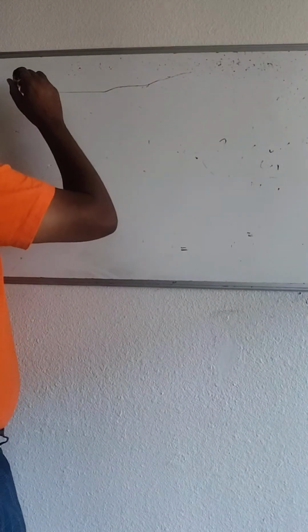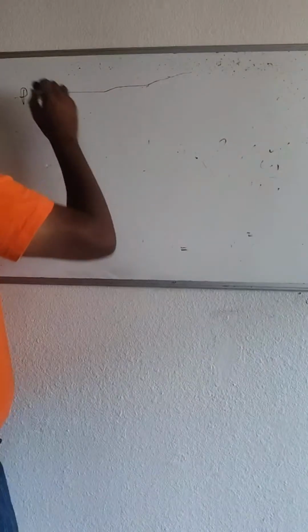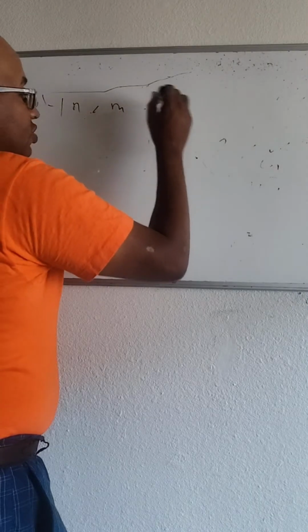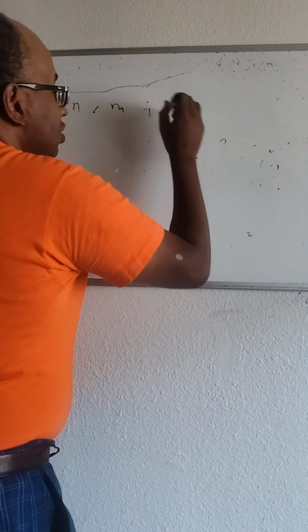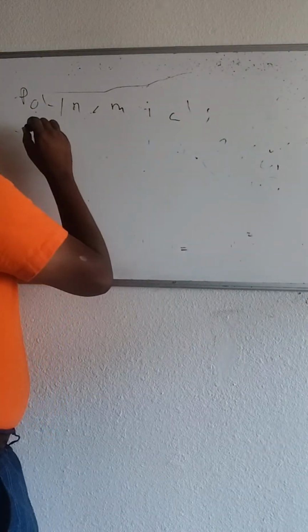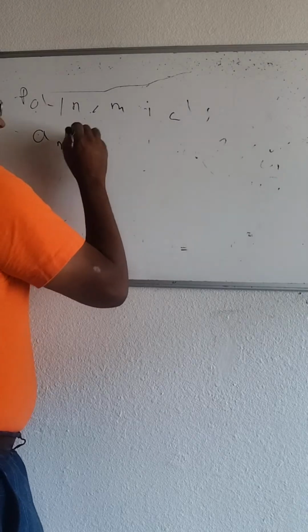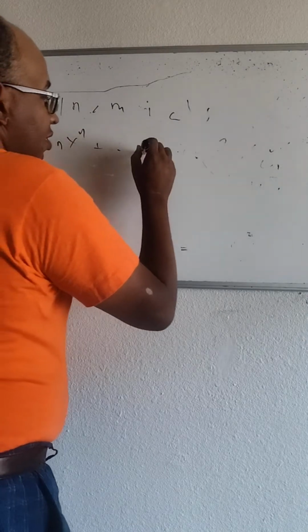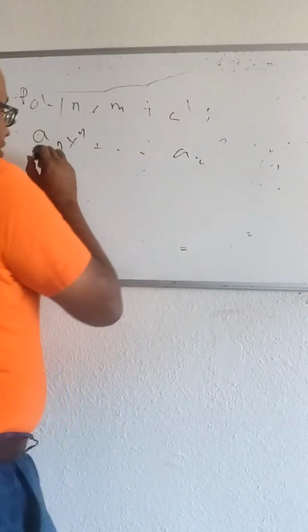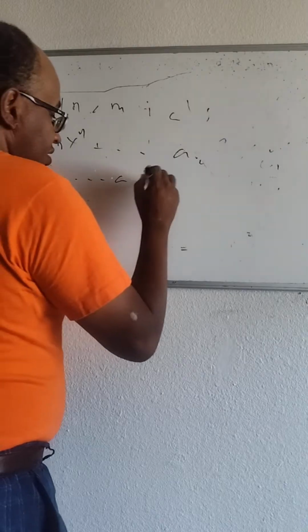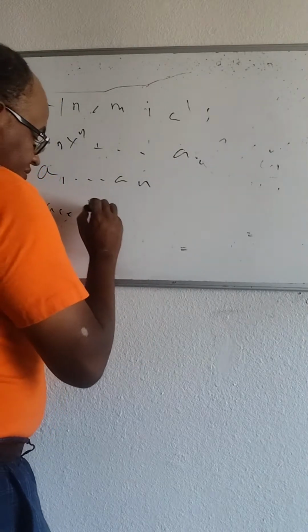All right, so here we go. So what is a polynomial? We're going to do polynomials of the form a_m x^m all the way to a sub naught, where the a's are real constants. a_1 to a_n are real constants.